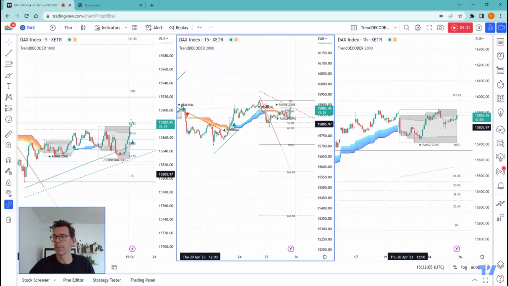So here, for example, there are at least 3 movements in those gray boxes that we have identified and automatized. It's basically a range zone which is really undefined, which is the very basic of a range, meaning that the market is lateralizing and not knowing where it's going.